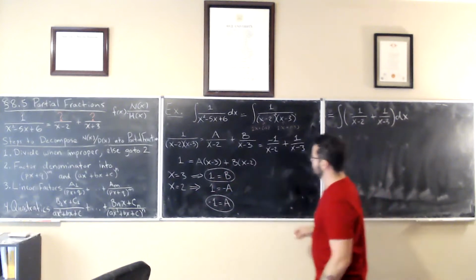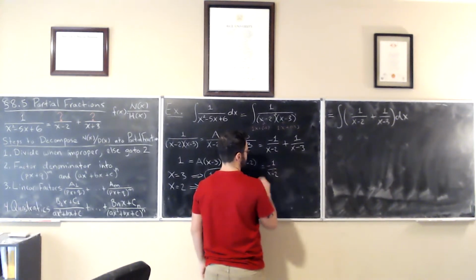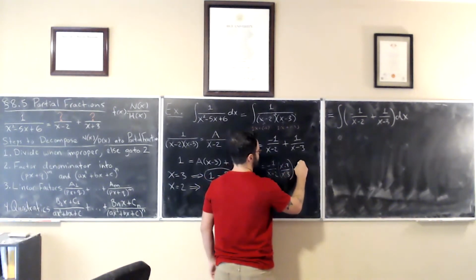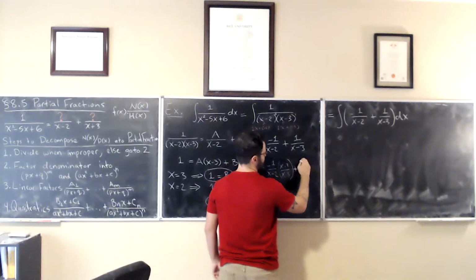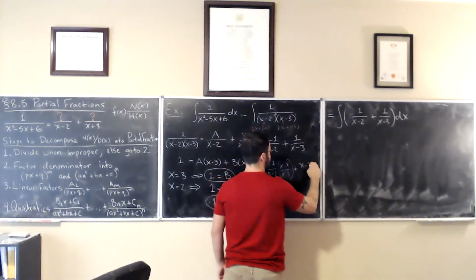How can we verify that? Well, we have minus x minus 2 times x minus 3 over x minus 3, plus, I'm running out of room, but multiply this by x minus 2 over x minus 2.